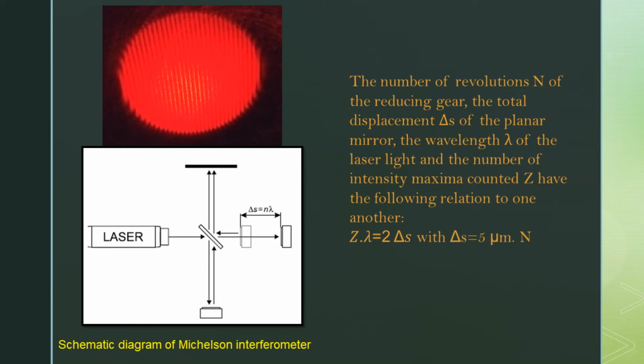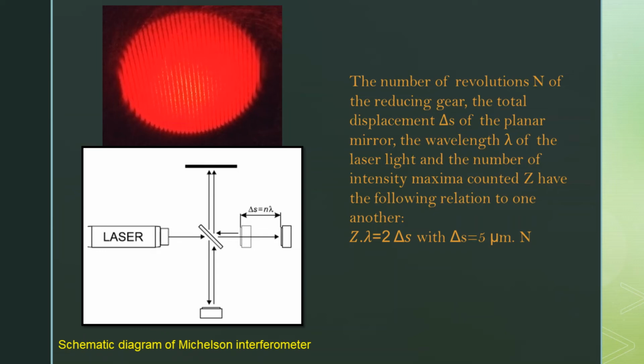The laser is coming to a beam divider. It will be reflected to a mirror and transmitted to another mirror, and the beam is reflected back from the mirror and transmitted through the beam divider. The other mirror is attached to the reducing gear mechanism.